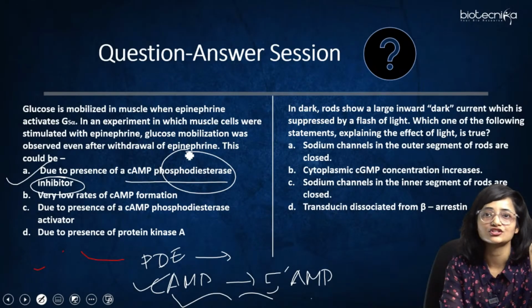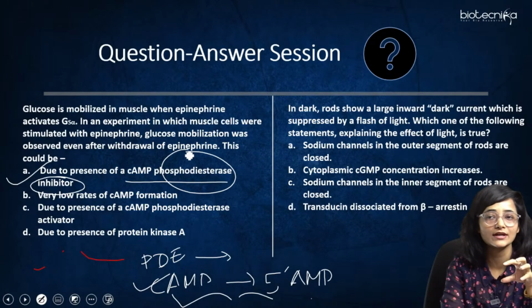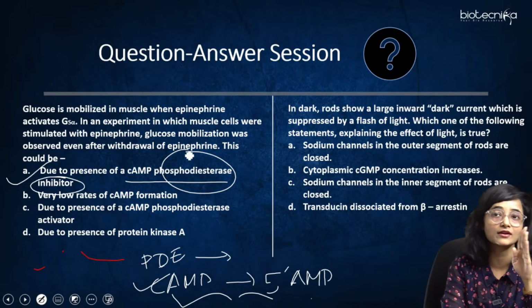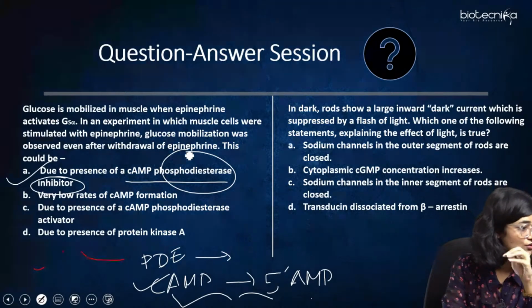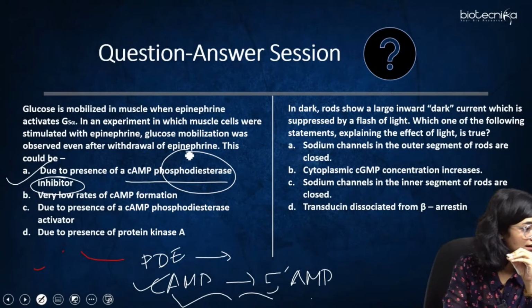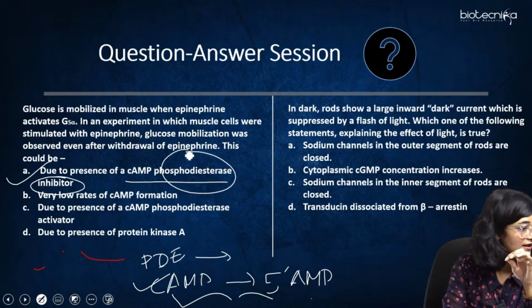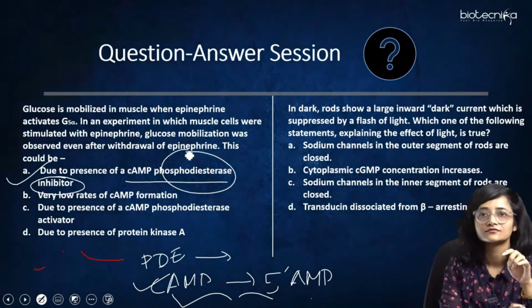As a result, the sodium channels get closed. And it only happens in the inner segment of the rods, not the outer segment. So those of you who gave option C are correct.